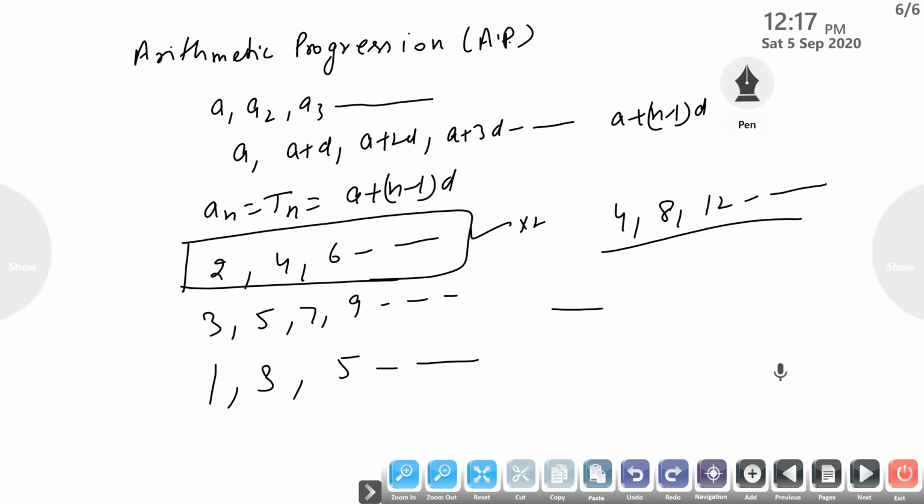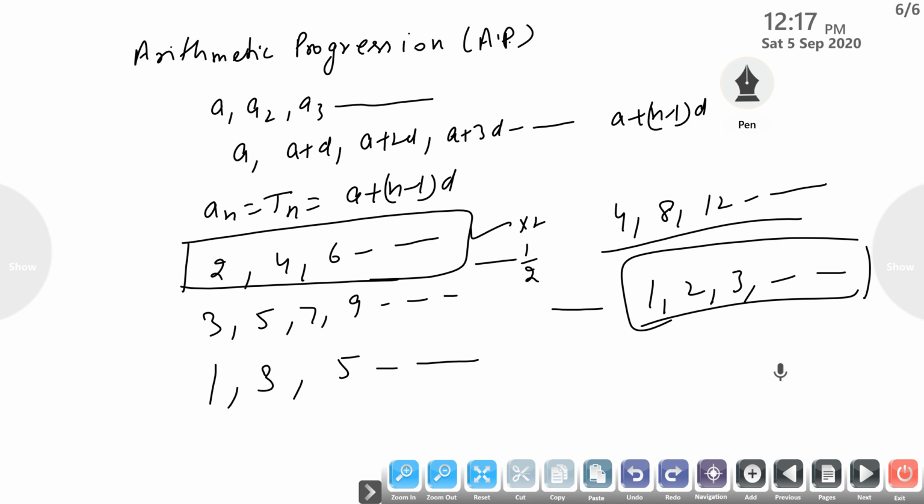If we divide this series by 2, what will we get? We get 1, 2, 3, so this is also an AP. So there are 4 common rules of an AP: if we multiply by a constant, add a constant, subtract a constant value, or divide by a constant value, then it is also an arithmetic progression. Its sequence does not change, but its values are changed.